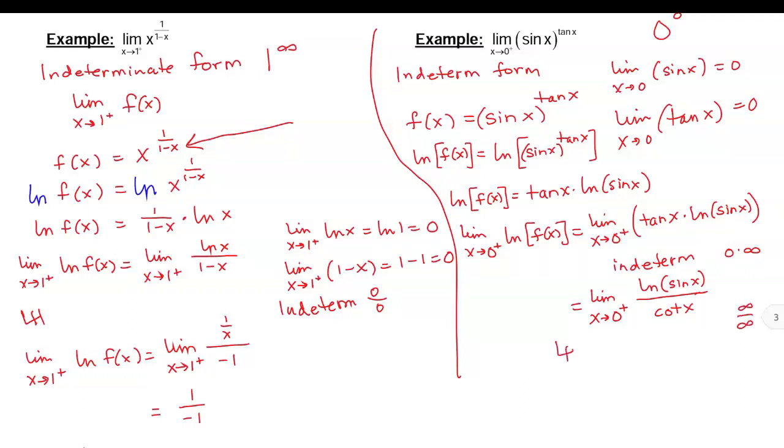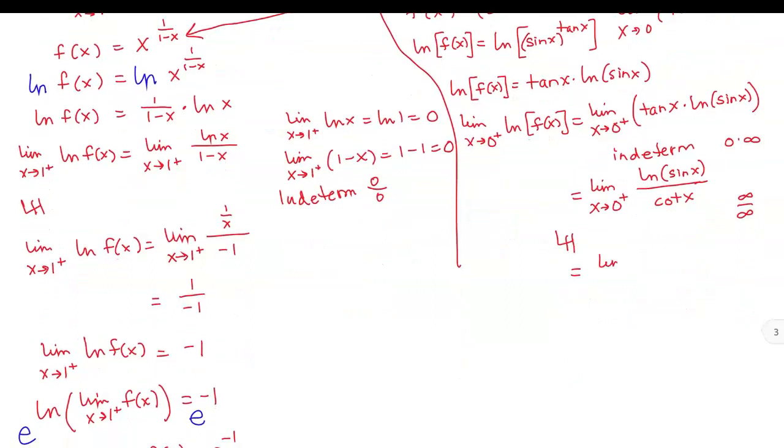I'm ready for L'Hopital's. So L'Hopital's says the derivative of the natural log is 1 over the argument, so that's 1 over sine. And then I have to do chain rule, so the derivative of sine is cosine. And then the derivative of cotangent is negative cosecant squared. Remember, with L'Hopital's, you take the derivative separately. This actually simplifies a little.